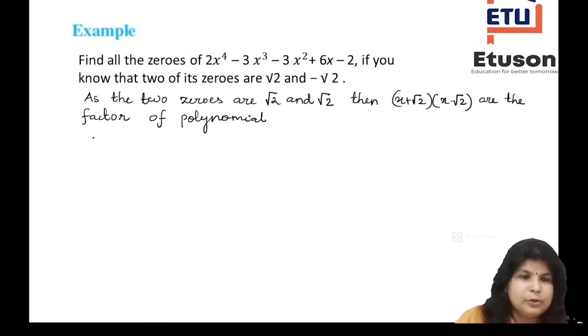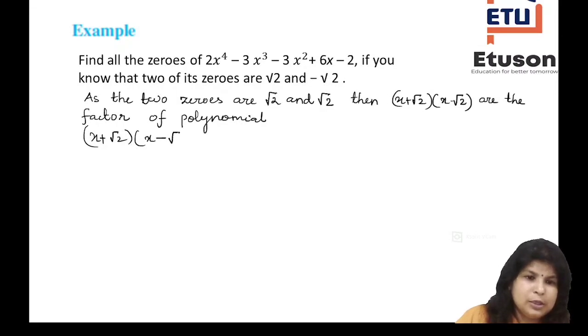So what about x plus root 2 and x minus root 2? It is (a plus b) into (a minus b), right? So that is x square minus 2.